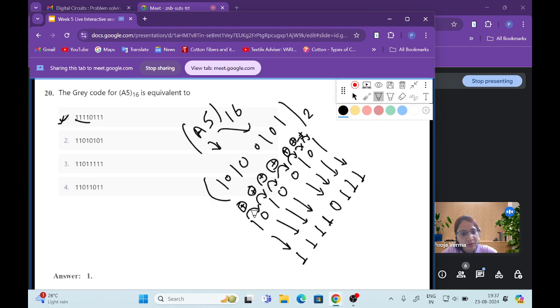Again XOR the next bits, and the output will be written. Okay, so I hope you have understood this binary to gray code conversion.